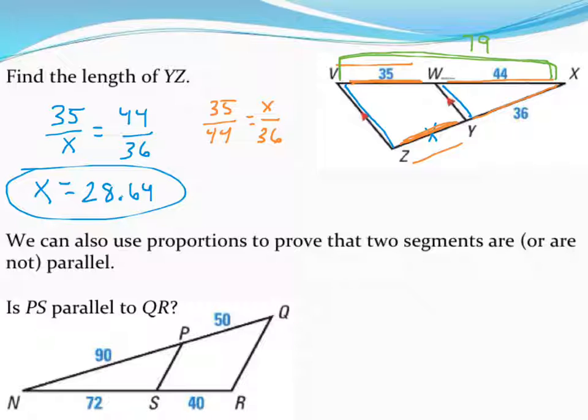I could match up this full side right here, the 44, to that entire side of the large triangle, 79, and then as long as I'm consistent, I can match up this side right here, the 36, which is the full side of the smaller triangle, over the full side of this triangle down here, which would be X plus 36. Now, I think this proportion would be harder to solve, in my opinion, although if we did solve it, we'd get the exact same answer.